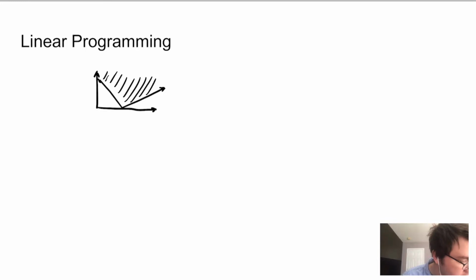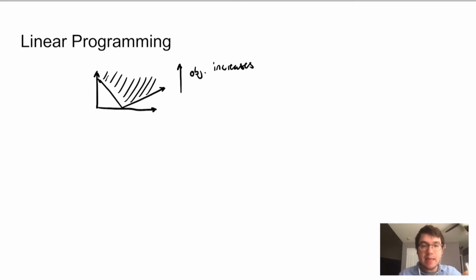And if our goal is to maximize the objective, and say the objective always increases as we increase along this axis, then we could always keep picking larger and larger values to keep increasing the objective value, in which case there is no optimal solution. It's unbounded. When these two things do not happen, there is one or many optimal solutions, and the best solution always occurs on the boundary.